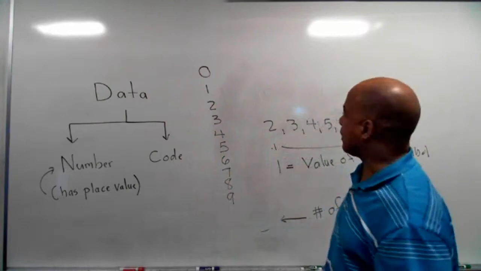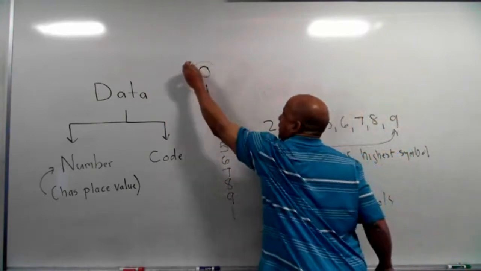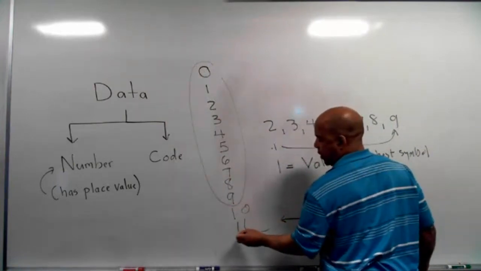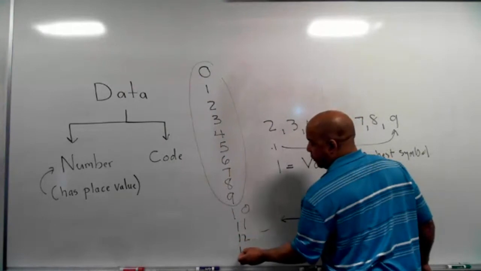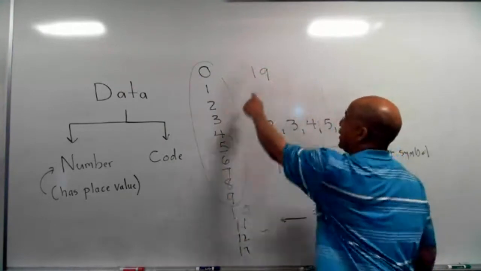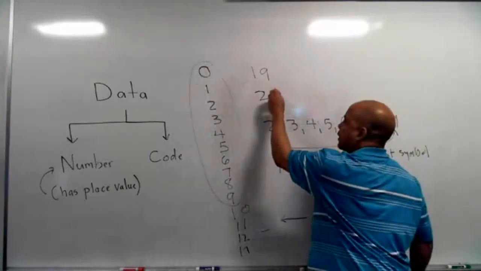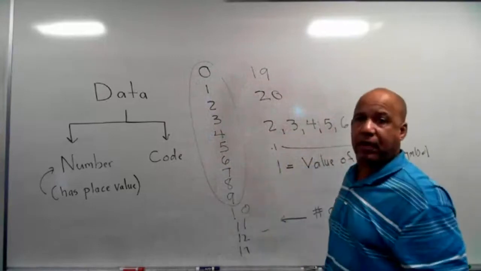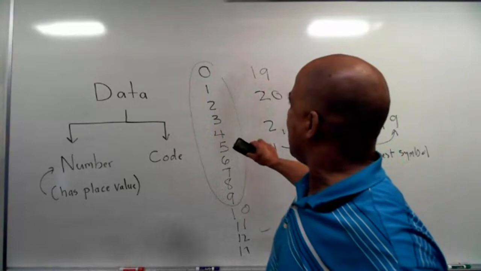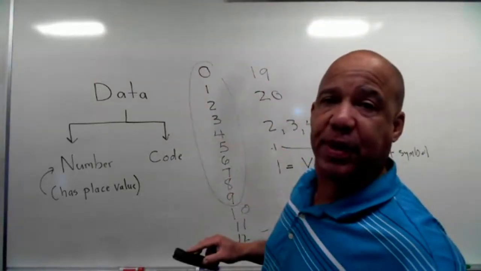Then when I run out of symbols, I start here with 1 again and repeat. So I go 10, 11, 12, 13, all the way up to 19. Then I change this to a 2, and I still have to repeat these again: 0, 1, and so forth. Of course, this is kind of obvious, but what I want you to remember is that it works the same way in all number systems, not just base 10.